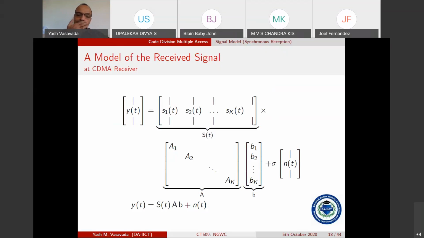Now, although this equation may look to you different from the earlier equations that we have seen in the context of beamforming, it is in fact not that different.